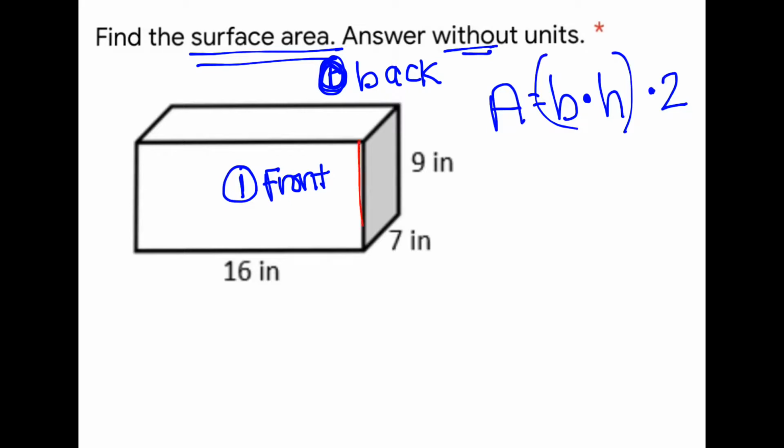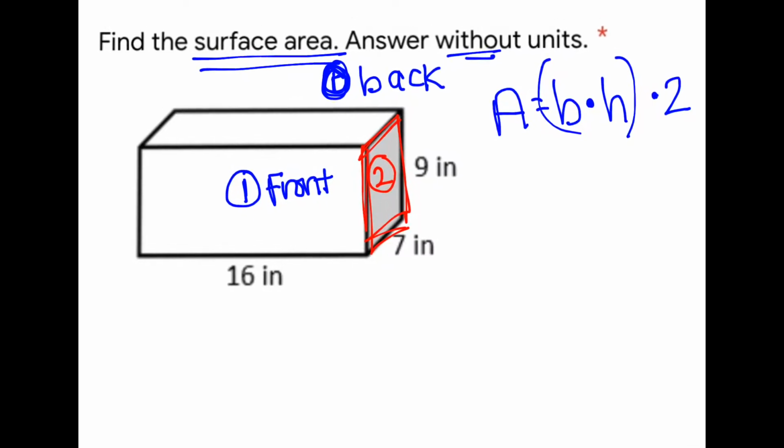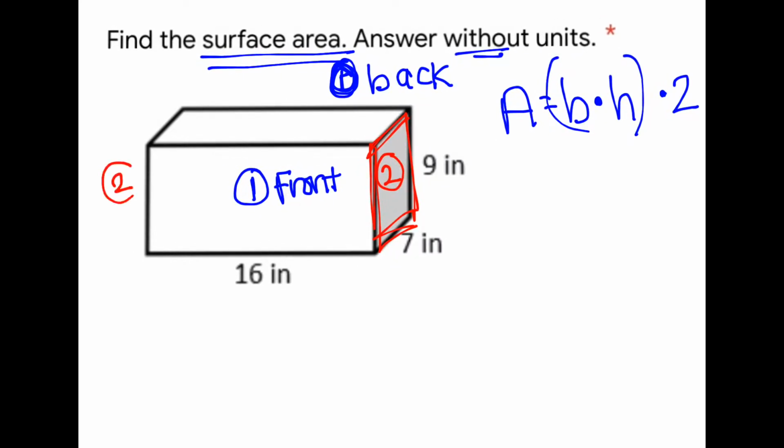Now we know we have a side here, and then there's a side over here. So you're going to find the area of your base times your height, and then there's 2 of those again. So you're going to multiply it by 2.